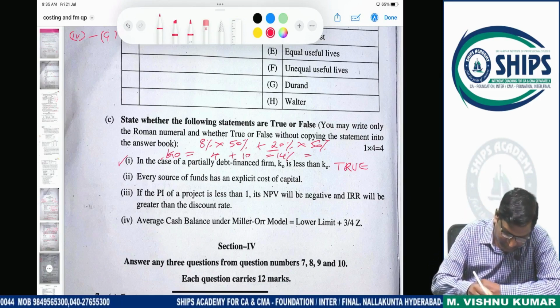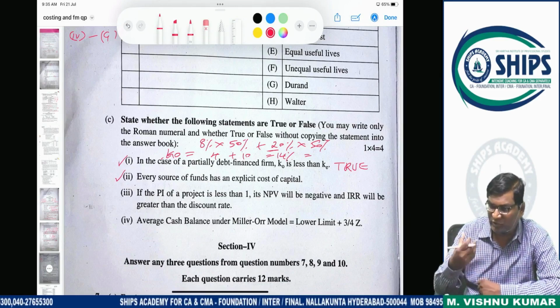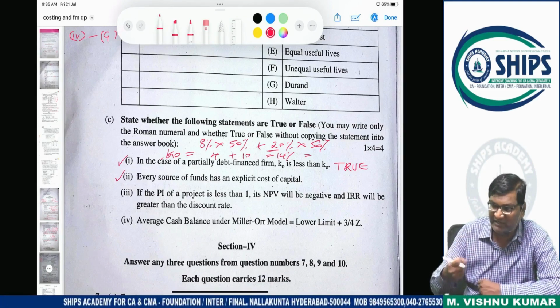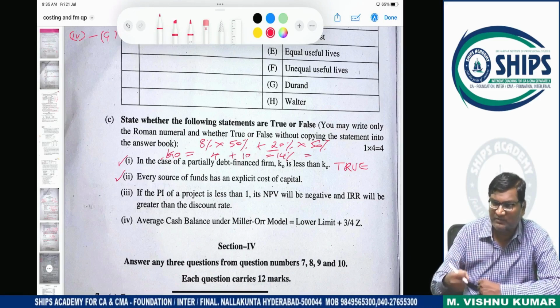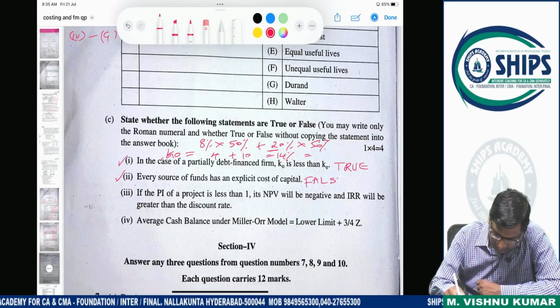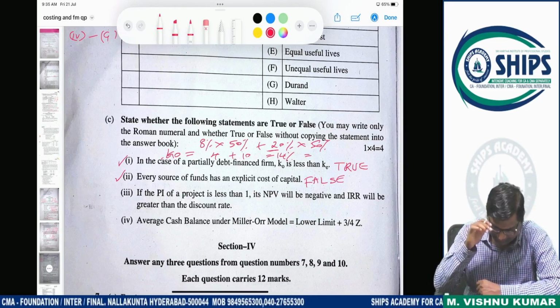That's why this is not a correct statement, because every source is mentioned, and retained earnings is also one of the sources. So we have to write false, because retained earnings will have implicit cost. This is already tested in match the following.